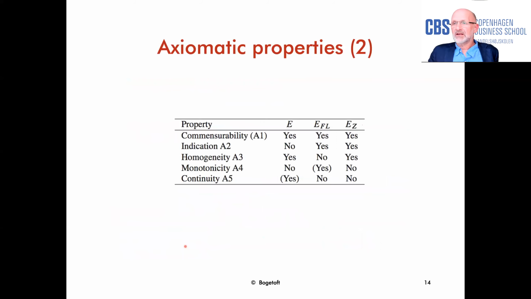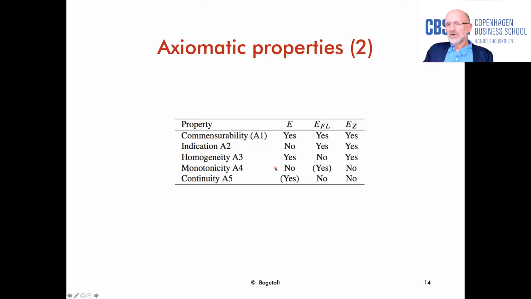And now we can discuss for these different measures, the Farrell efficiency measure, the Färe-Lovell efficiency measure, and the Zieschang efficiency measure, which of these properties they have. They're all invariant to permutation and to rescaling, so that's all fine. Indication we knew is a problem with Farrell, that was the slack problem. It's not a problem with the other ones. Homogeneity, Farrell has, and Zieschang has, but Färe-Lovell doesn't have it.